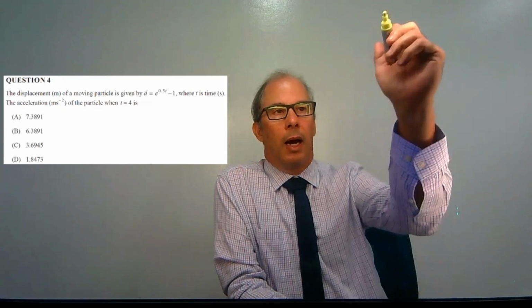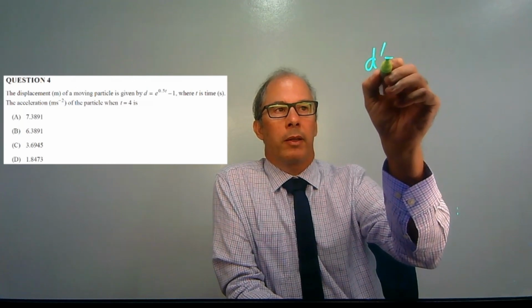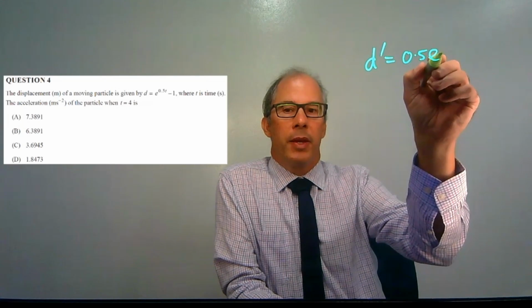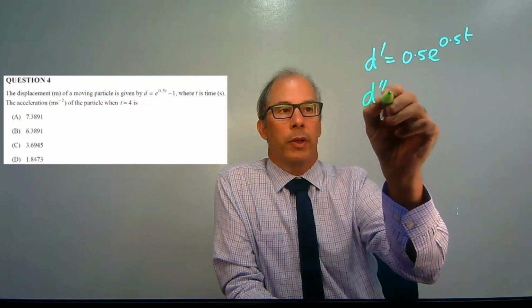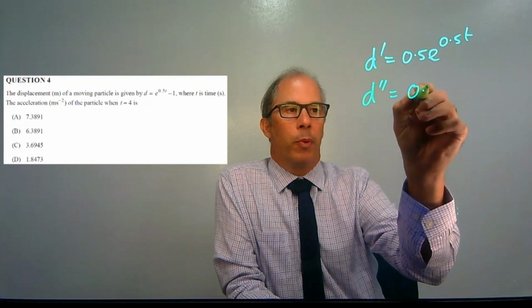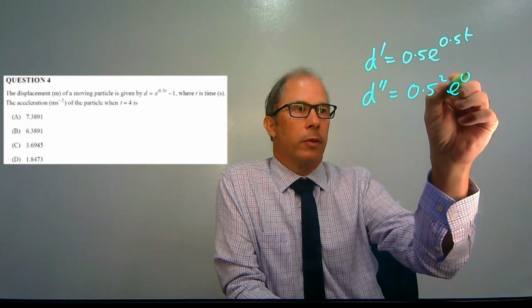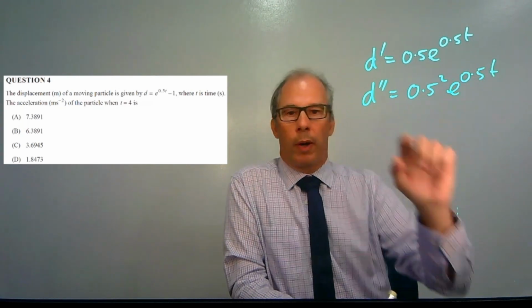Knowing those two things, I can work out the first derivative of the function, 0.5 e to the 0.5 t, and the second derivative, or acceleration, which is 0.5 squared e to the 0.5 t. There's my acceleration.